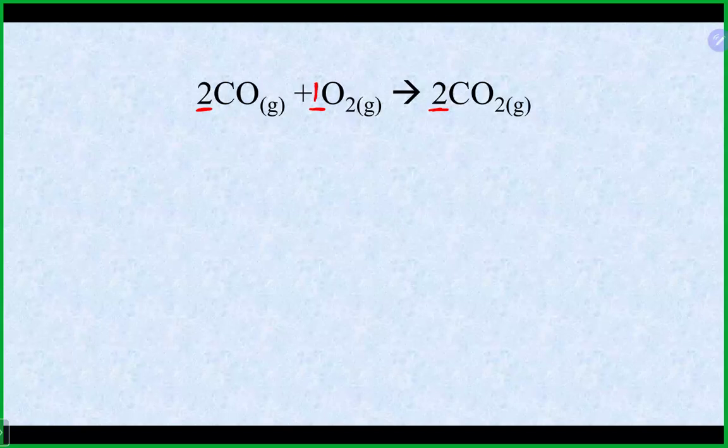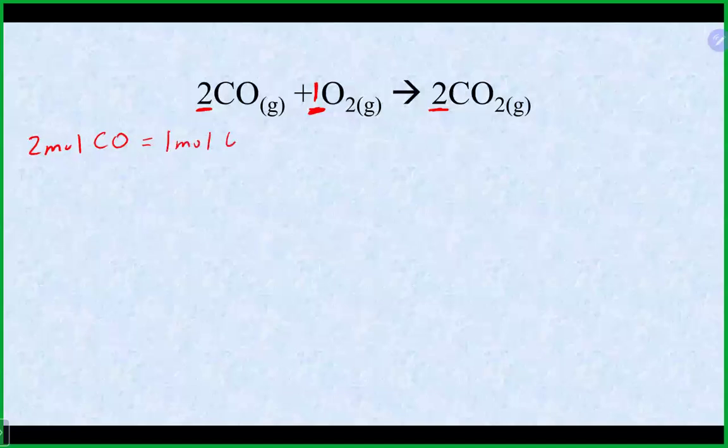We can get these stoichiometry relationships. We could say for every 2 moles of CO I throw in there, I will also need to toss in 1 mole of O2.